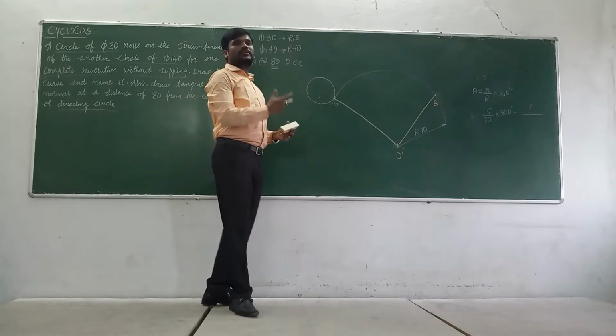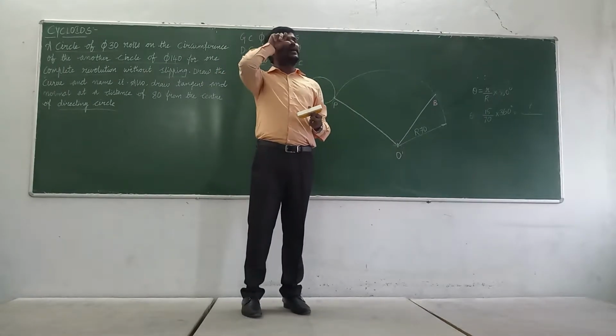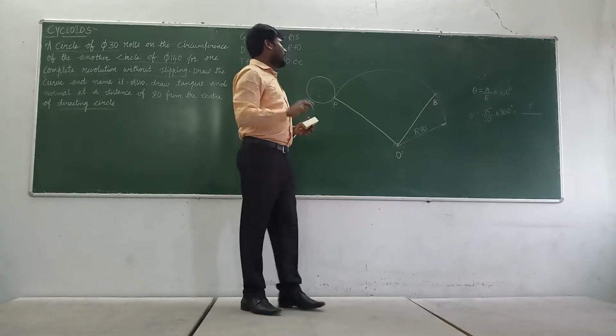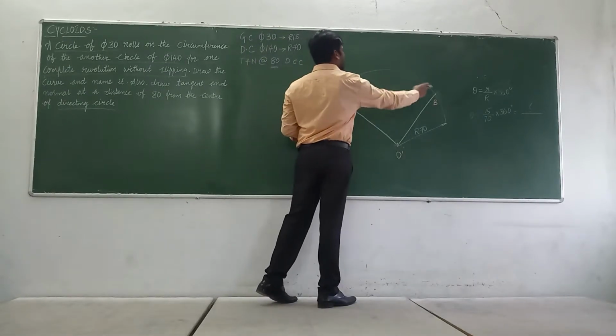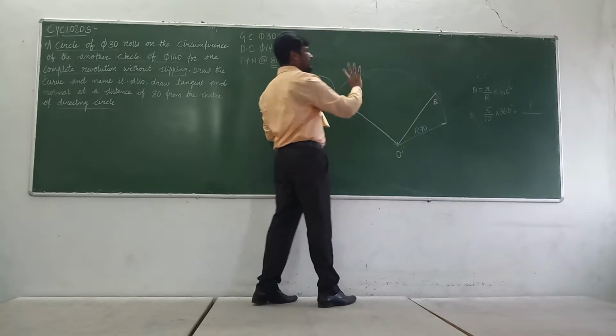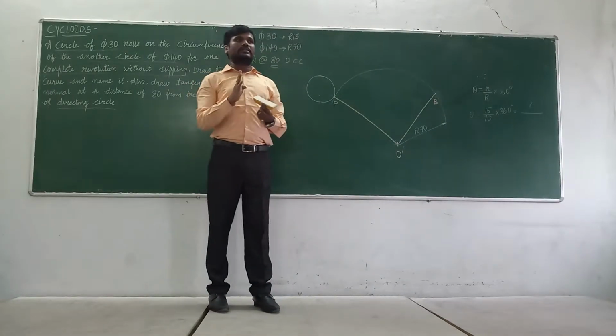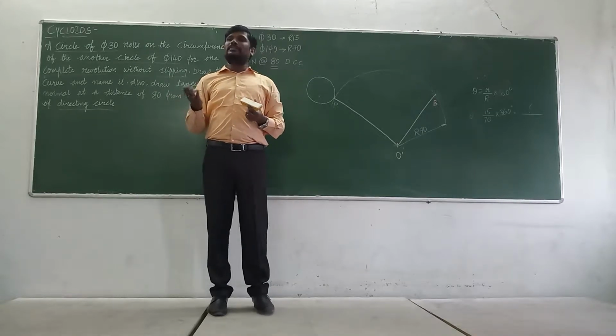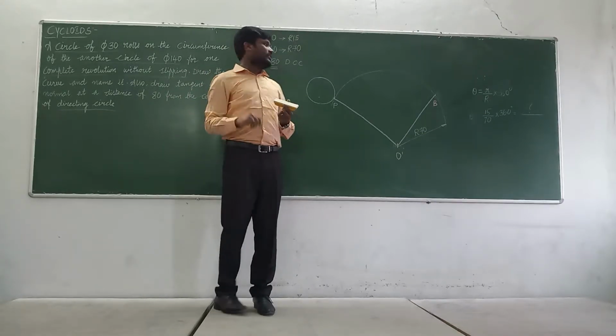Next, it is similar to the generating circle and directing line, the terms which we studied in the general method. But here, instead of a line, there is a directing circle. The remaining steps are all similar to the last video which I did on the general method.